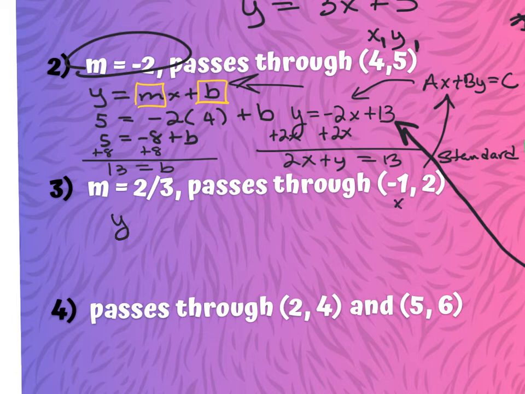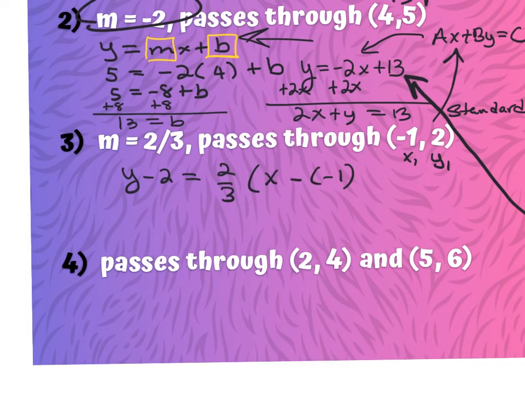But this is x1, this is y1 in my ordered pair. So y minus 2, slope is 2/3, times (x minus negative 1). So in this parentheses, this negative negative, I'm going to simplify it and make it become x plus 1.